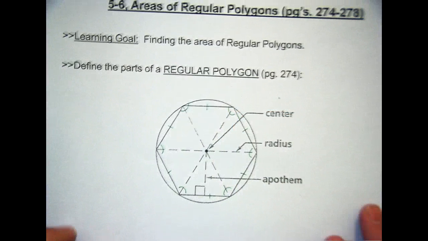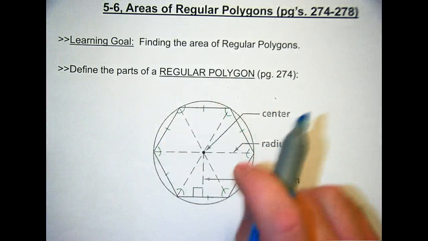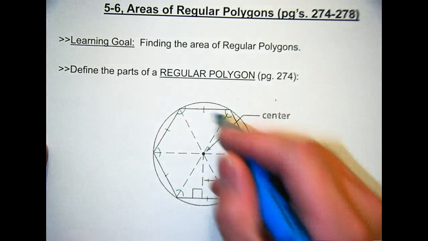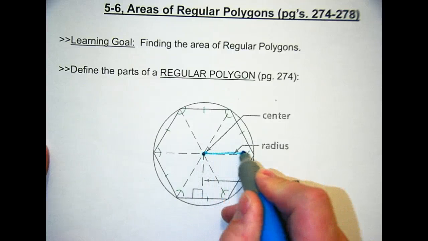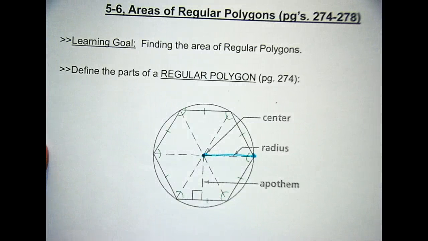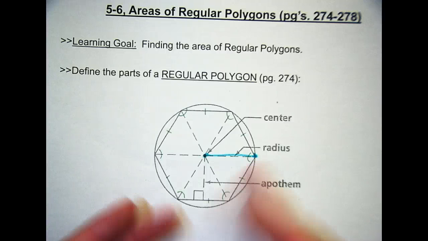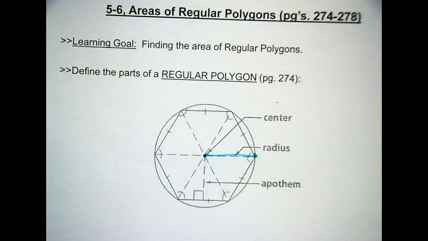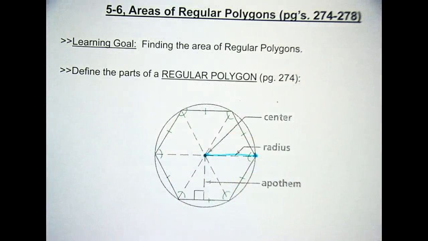And then when you're dealing with a regular polygon, if you inscribe it inside a circle, what you end up having is from the center out to the edge of the circle at a vertex, we call that the radius. The reason we call it a radius is because it goes from the center of a circle that's circumscribed about the polygon. And then we have this thing called the apothem.